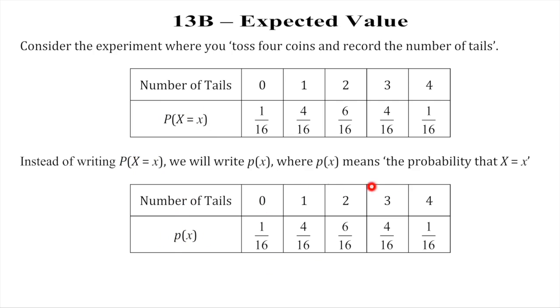So this table here and this table here are identical. They're both talking about the number of tails you get when you flip 4 coins, but the only difference is the language here, talking about capital P for probability. Little p means the probability of x occurring. x is each of these particular values.